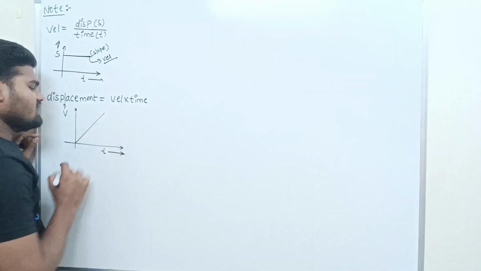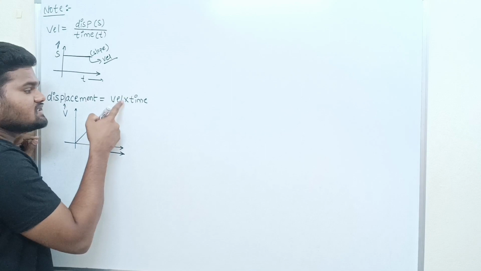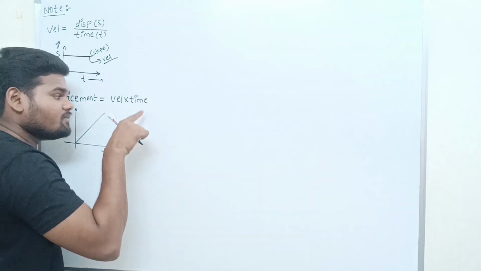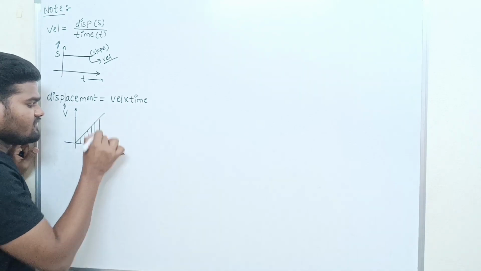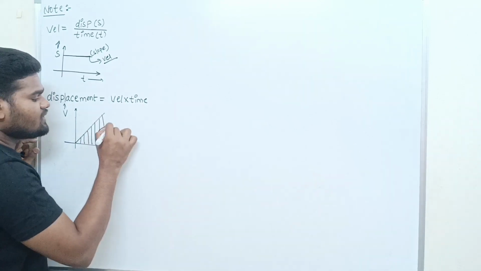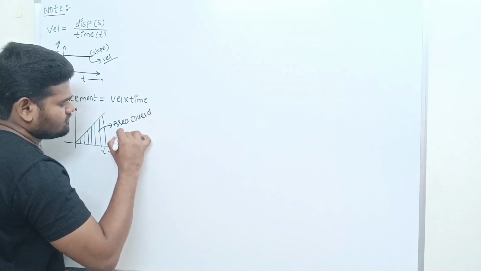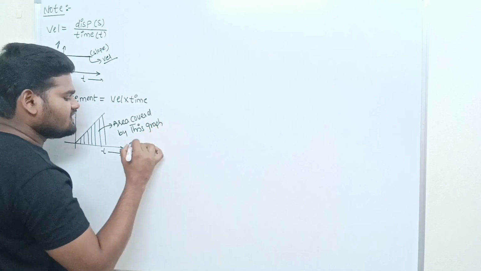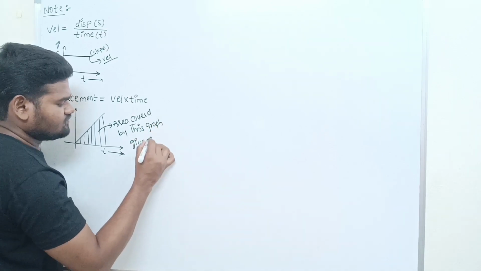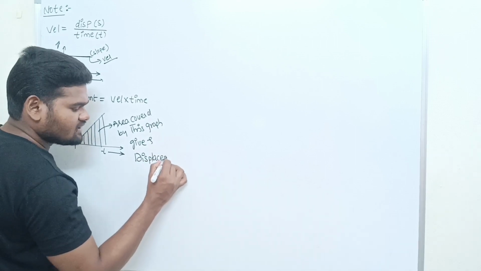Displacement equals velocity into time means the area covered by this graph gives displacement.